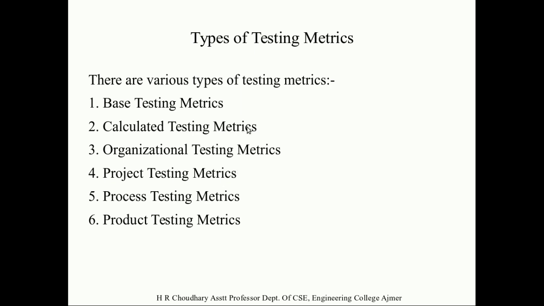Now we start with what the base testing metrics mean. A base testing metric is also recognized as a direct measure of the quality of the software. A direct metric is a metric that does not depend upon a measure of any other attribute, or we can say it constitutes the refined data gathered by test engineers throughout the testing efforts.